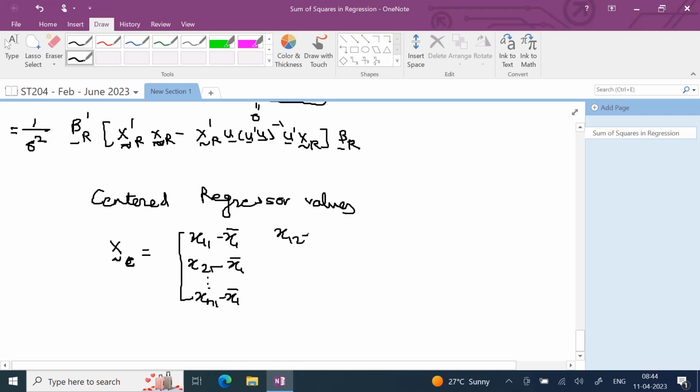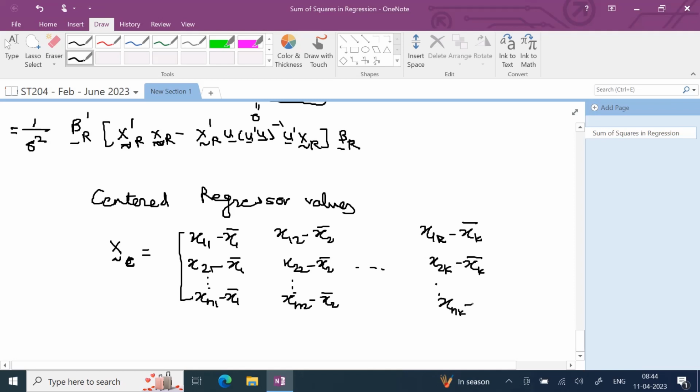Then x12 minus x2 bar, x22 minus x2 bar, and xn2 minus x2 bar, and so on. Finally, x1k minus xk bar, x2k minus xk bar, xnk minus xk bar. This matrix is of order n cross k, a matrix of centered regressors.